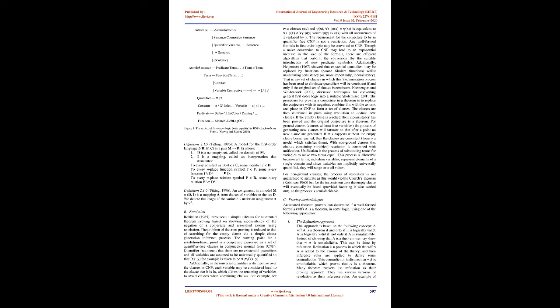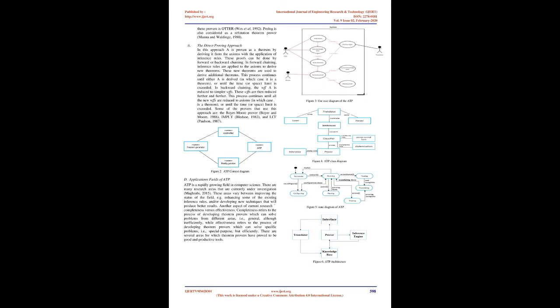Definition 2.1.5 (Fitting, 1996). A model for the first-order language L(R, F, C) is a pair M = (D, I), where 1. D is a non-empty set, called the domain of M. 2. I is a mapping, called an interpretation, that associates to every constant symbol c some member c^I of D, to every n-place function symbol f some n-ary function f^I on D, and to every n-place relation symbol P in R some n-ary relation P^I on D^n.